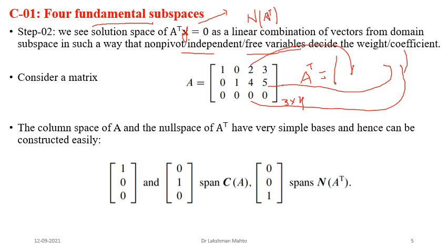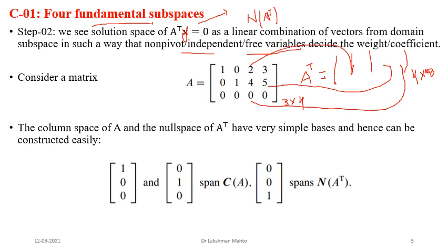So the null space of this A transpose, if you try to solve it, what would it be? This matrix would be a 4 by 3 matrix here because you transpose it. So there you will observe that the first column and second column would be pivot columns in A transpose, and the last column would be a non-pivot column.